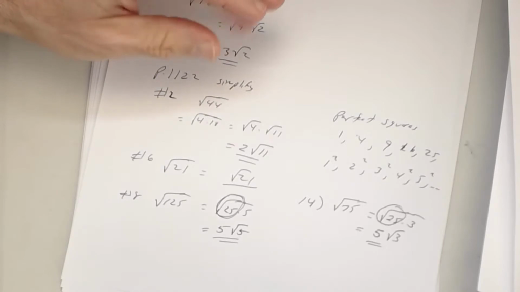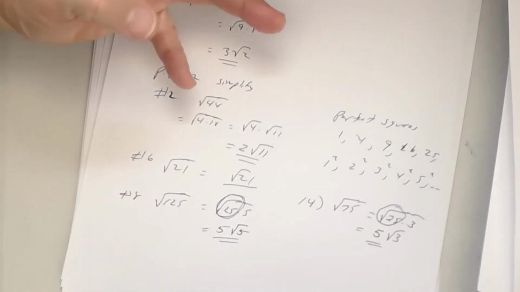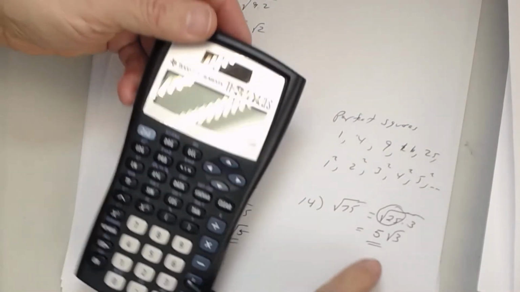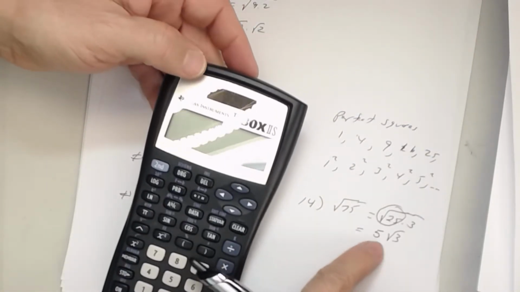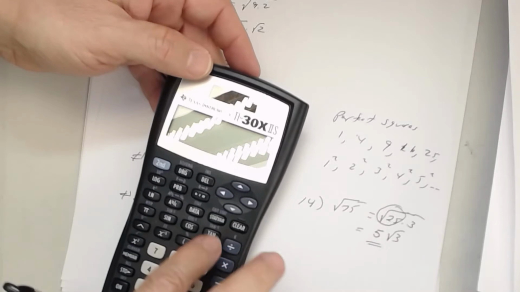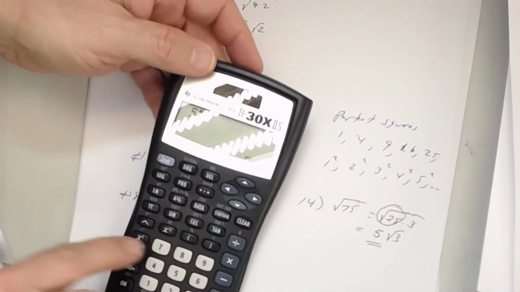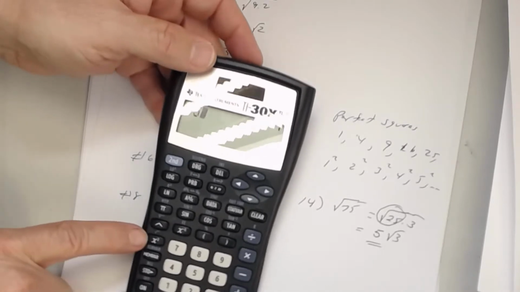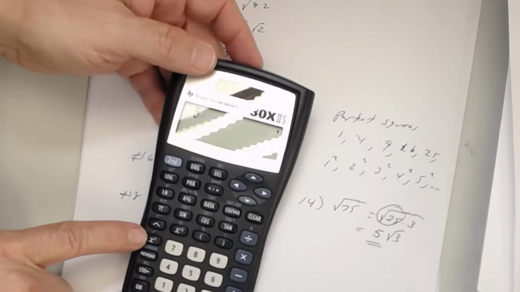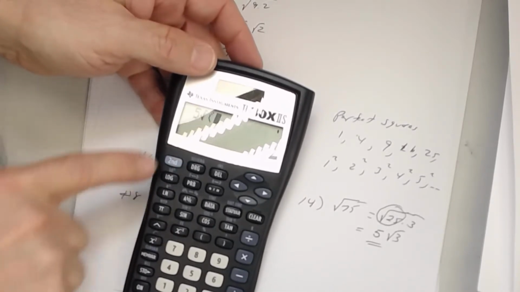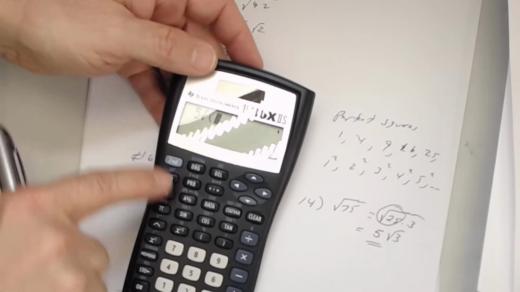All right. Now, you can always check yourself. For example, here's how you would check this. You're saying this is the answer, right? 5 square root of 3. So you'd enter 5 square root of 3. The square root button is right above the x squared. See it? Right above the x squared. And then put 3.